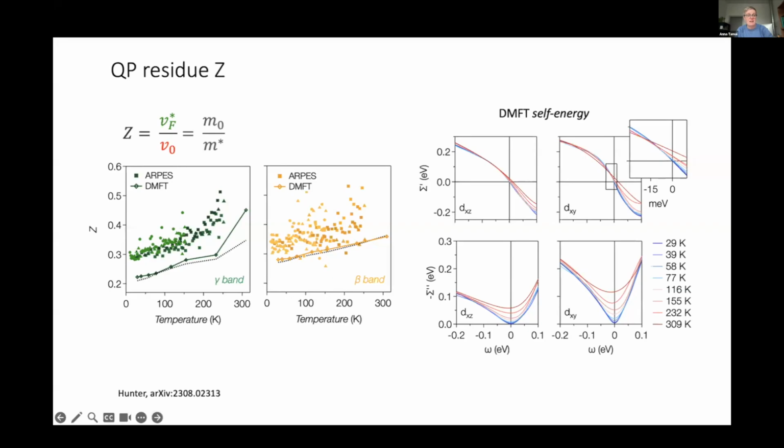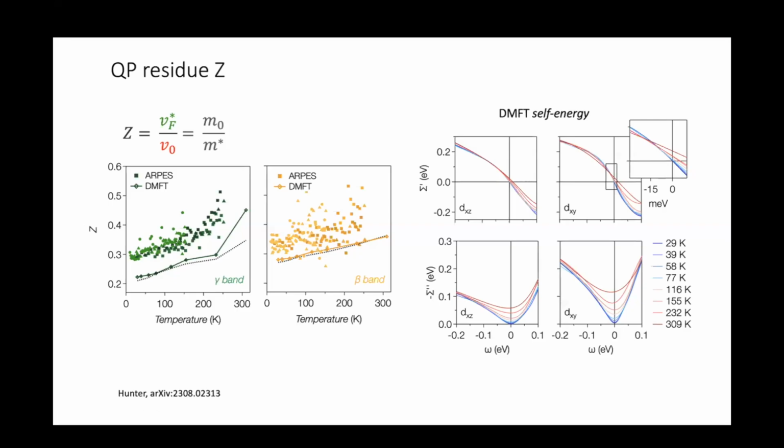Extracting Z relies on a very accurate measure of the velocity, and it's very difficult to measure the velocity for the gamma band, which has a 1-over singularity very close to the Fermi level. I would blame this difference on the experiment. We did a measurement at lower temperature and with higher resolution, and in that set the experimental values of Z are very close to DMFT.